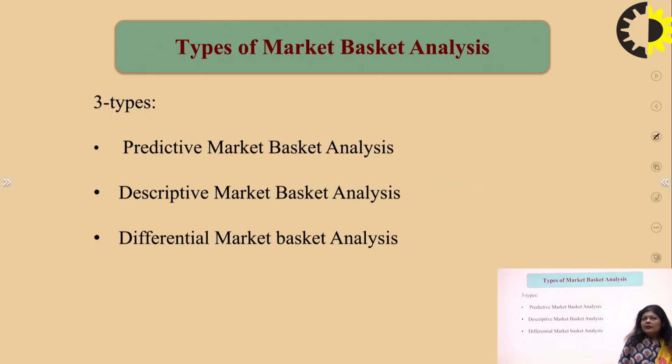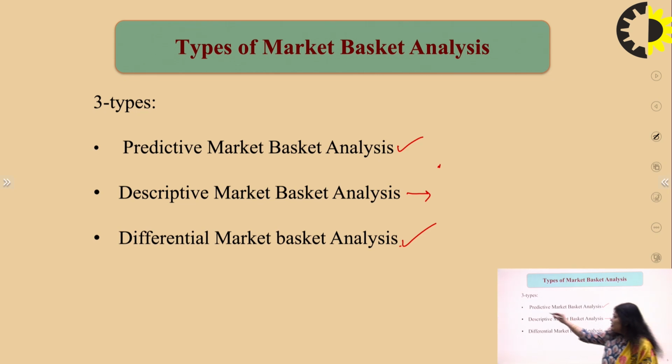What are the different types of market basket analysis we have? Generally there are two types: the predictive market basket analysis and the differential market basket analysis. But there is also a third type, the descriptive market basket analysis. What is the difference between these three?